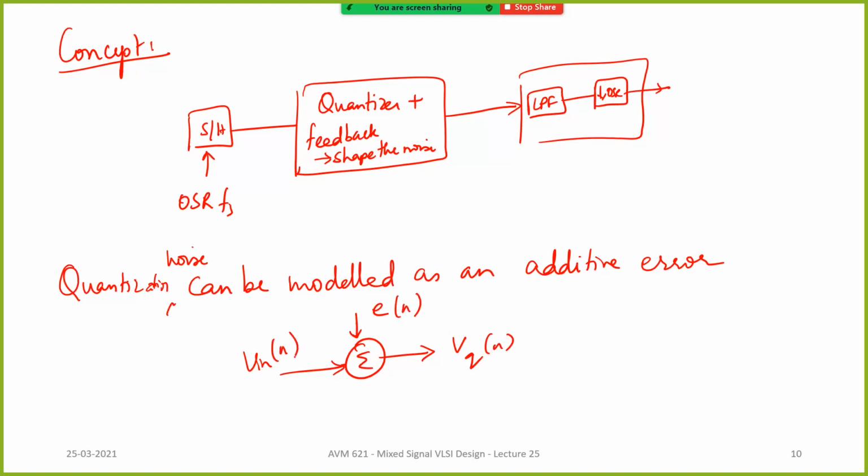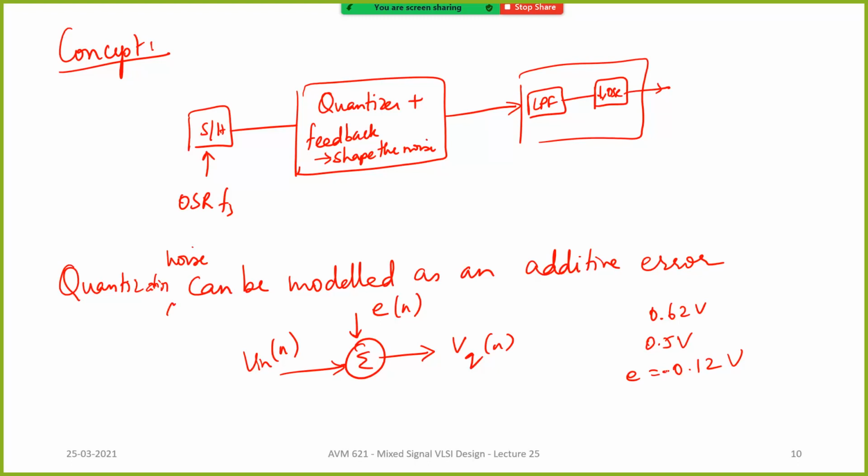Okay, so this is a very simple model of your quantizer because that is exactly what is going to happen, right? So for example, if your input is, let's say, 0.62 volt, and let's say your nearest step is 0.5 volt, the quantization error is 0.12 volt, or rather minus 0.12 volt.